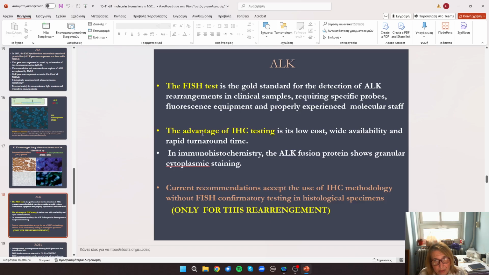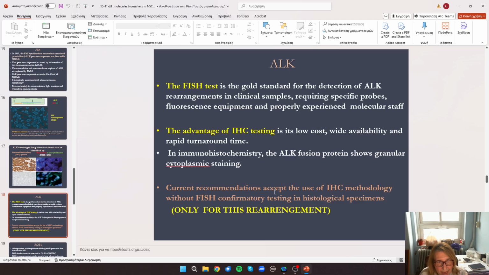It requires specific material, probes, a fluorescence microscope, and experienced molecular staff. On the other hand, immunohistochemistry is an easier technique, widely available, and has a rapid turnaround time.